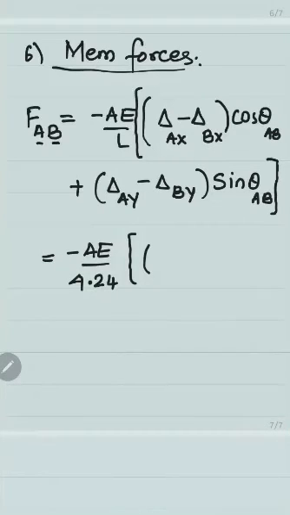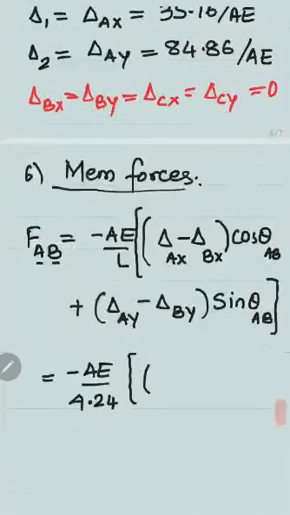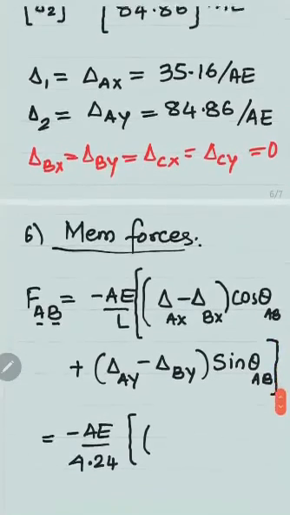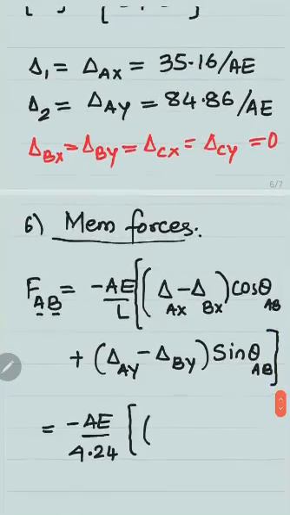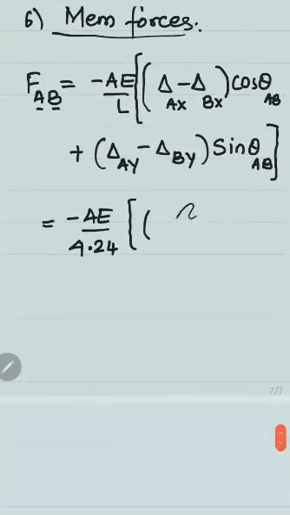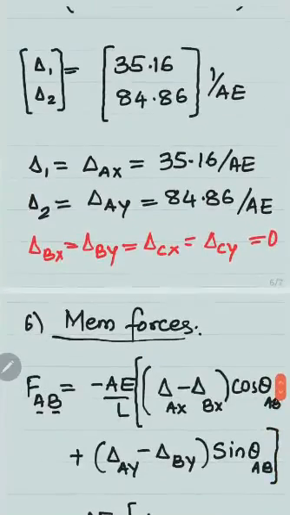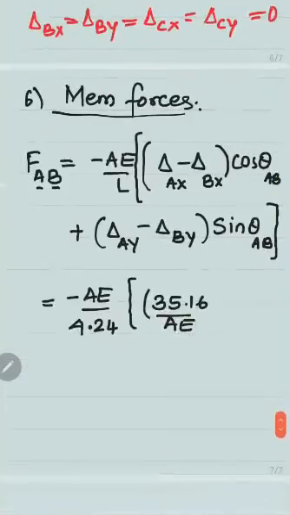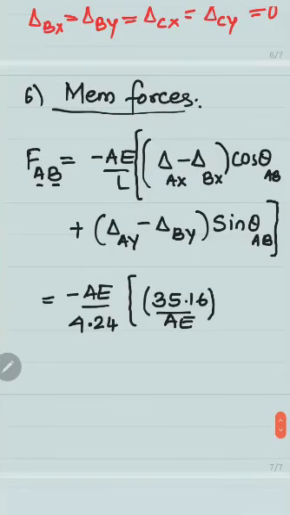Delta AX is 35.16 divided by AE, so this AE and this AE will get cancelled. Clear? 35.16 divided by AE into the cos of theta AB. The theta AB is already there in the table. So cos of theta AB is 0.707, minus 0.707, right?